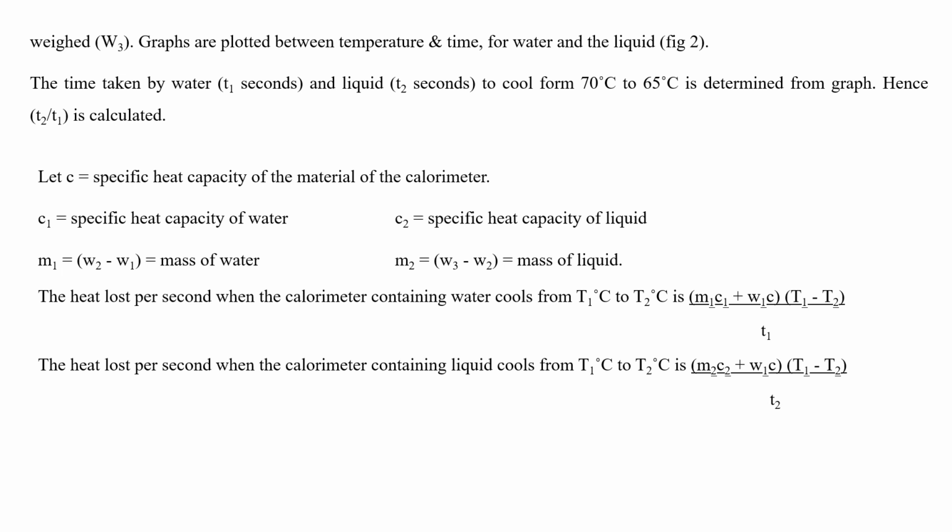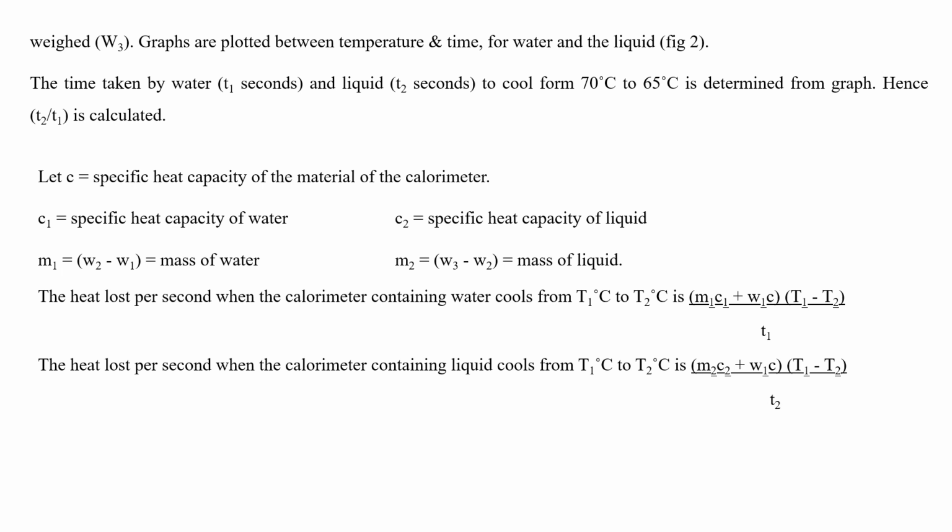Therefore, this quantity is to be estimated as M1C1 plus W1C, into the temperature fall from the higher temperature, T1 minus T2, because T1 is 70 degrees and T2 is 65 degrees.